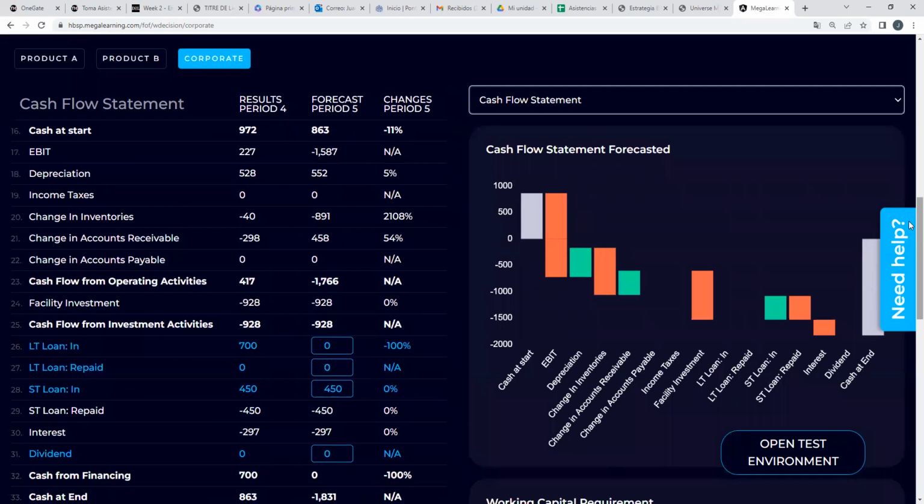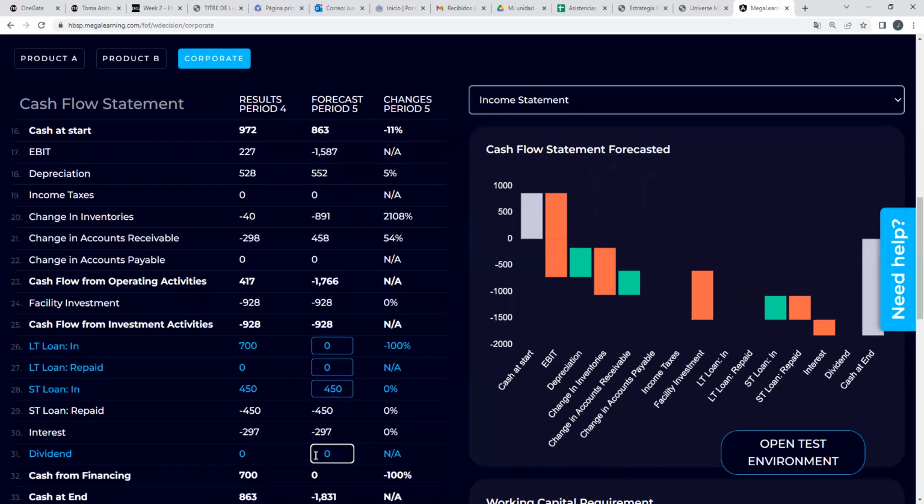And for the cash flow, you are going to have more decisions. The dividend decision: for this moment, you cannot pay dividends to your stockholders. If you guys want to put here $1 of dividend, you enter and it goes back to 0.